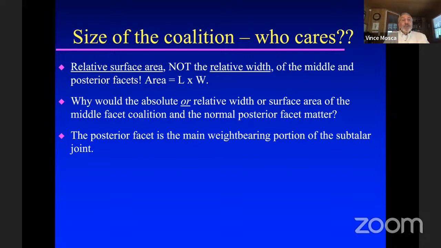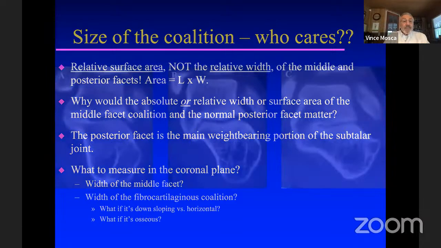We don't know the normal surface area or size relationship between a middle facet and a posterior facet in normal feet. I looked at every anatomy book I could find. Nobody knows what the normal size of a middle facet is, or the relative size of the middle facet to the posterior facet. So how can we possibly know what normal is for a middle facet coalition?